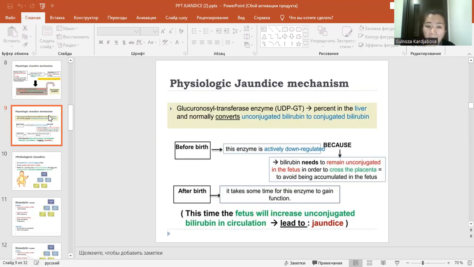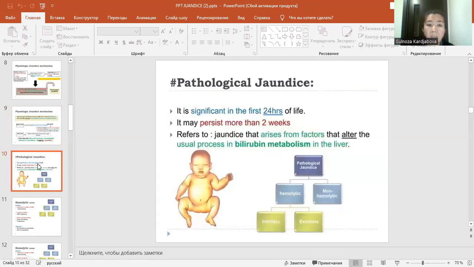Second, after birth, it takes some time for this enzyme to gain function. During this time, unconjugated bilirubin increases in circulation. It will lead to jaundice, naturally.